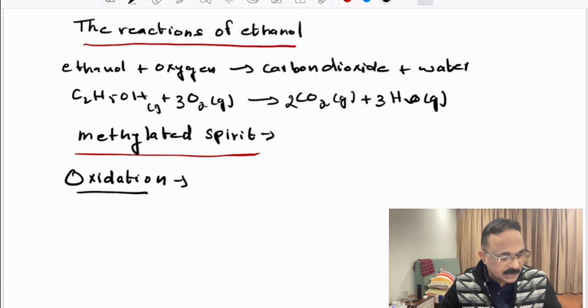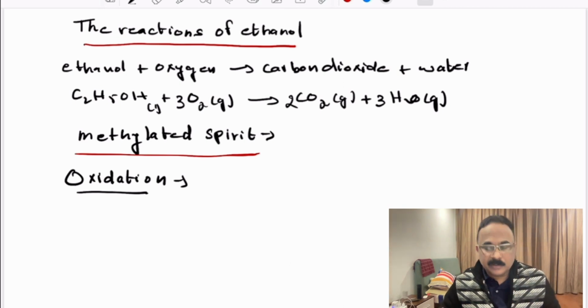That oxidizing agent is acidified potassium manganate(VII), which we have to warm and add to ethanol, and nascent oxygen is produced which will oxidize it. What we'll observe is that the color of the potassium manganate(VII) solution will turn from purple to colorless. That tells us that the ethanol is completely oxidized to ethanoic acid.